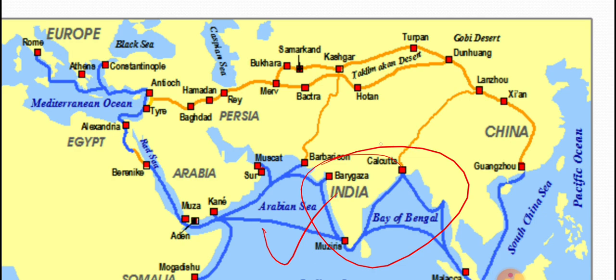So from India, things used to go to China, and from there, through Gobi Desert and all these places, it used to reach the Mediterranean countries or Mediterranean areas. Here in Egypt, you can see Alexandria, and just above that there was Constantinople. You can see over here, this is Constantinople.